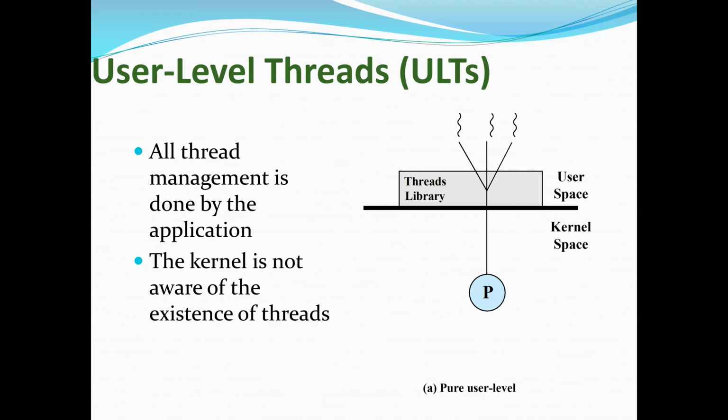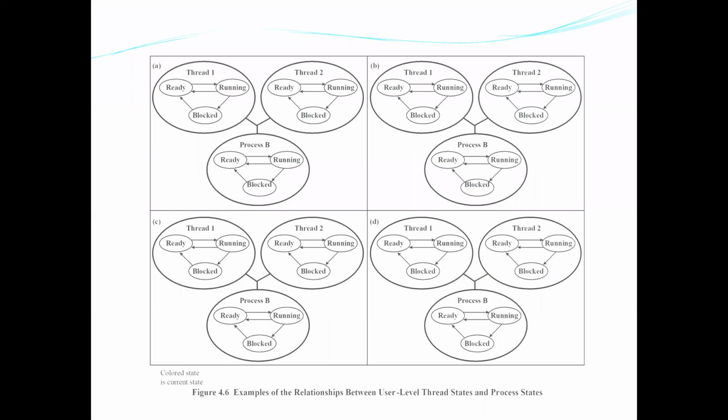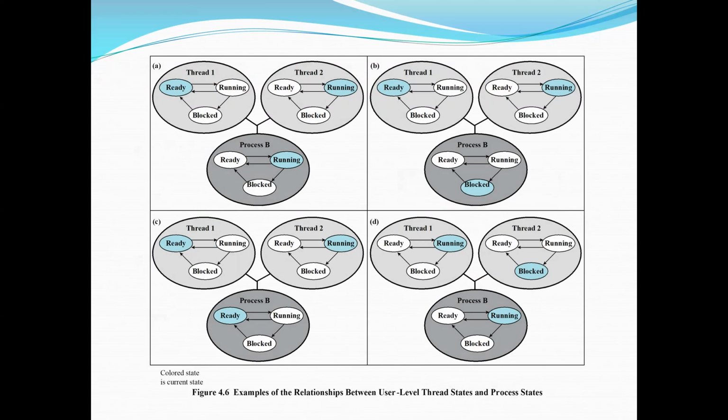The thread library creates a data structure for the new thread and then passes control to one of the threads within this process that is in the ready state, using some scheduling algorithm. All of the activity described in the previous slides takes place in user space and within a single process.